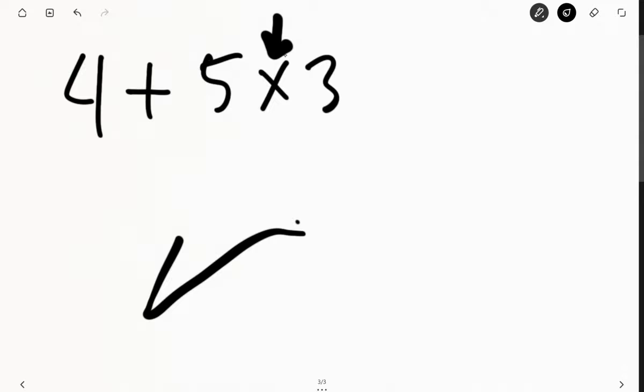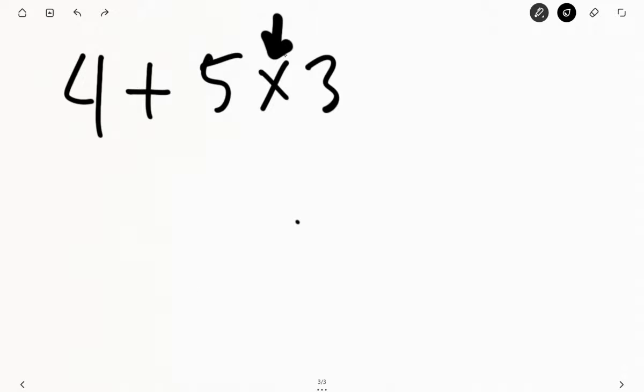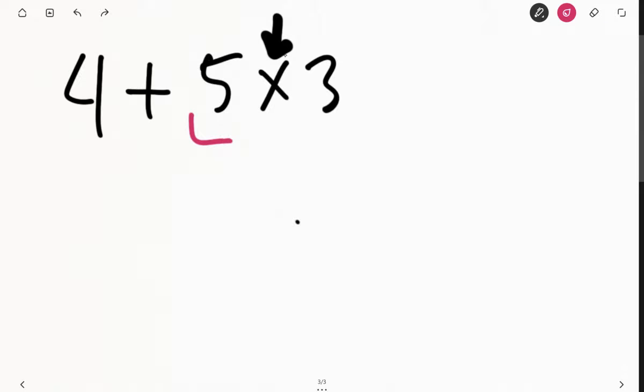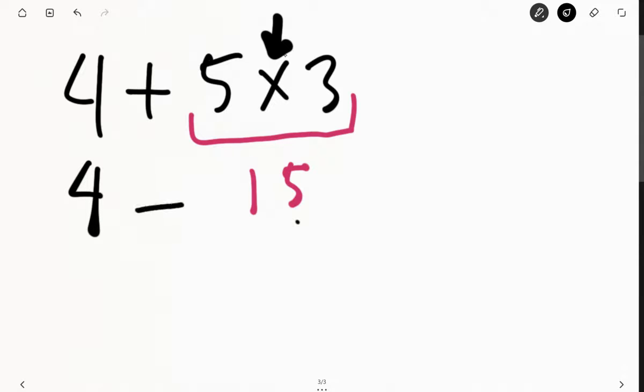So I'm going to go ahead and do this multiplication problem right here. 5 times 3 is 15. And now I'm just going to bring the 4 down. I'm just rewriting the problem again. 4 plus, the answer to our last problem was 15. So now all we got left is addition. So 4 plus 15 equals 19.